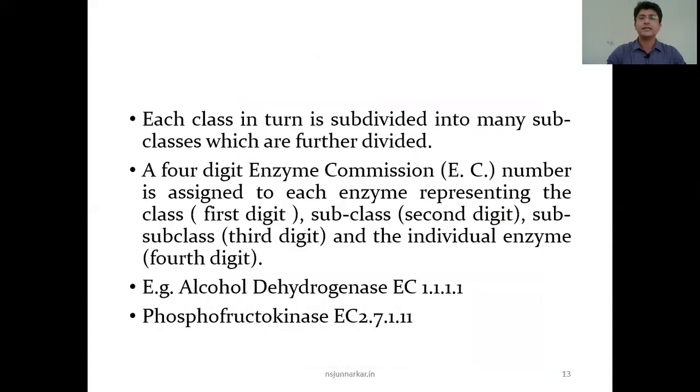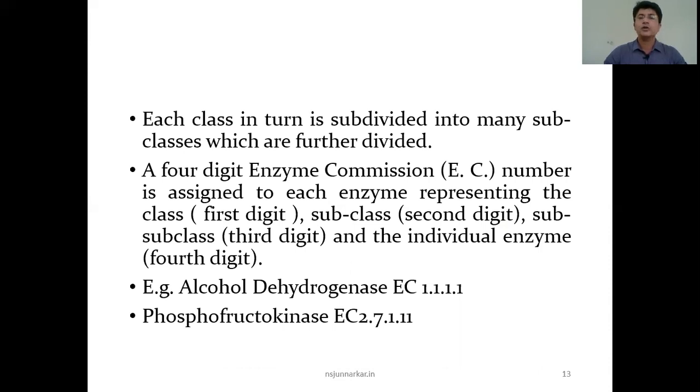Each class in turn is subdivided into many subclasses, which are further divided. A 4-digit enzyme commission number is assigned to each enzyme, representing the class, which is the first digit, the subclass, which is indicated by the second digit, the sub-subclass, which is indicated by the third digit, and the individual enzyme, which is indicated by the fourth digit.